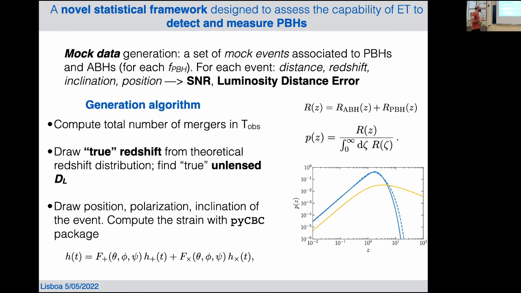We draw a redshift from this theoretical distribution, then draw position, polarization, and inclination of each event randomly, and for each random event compute the strain, convolving with the functions that parameterize the response of the instruments, called the antenna patterns. So we have the strain of the gravitational wave for each mock event.